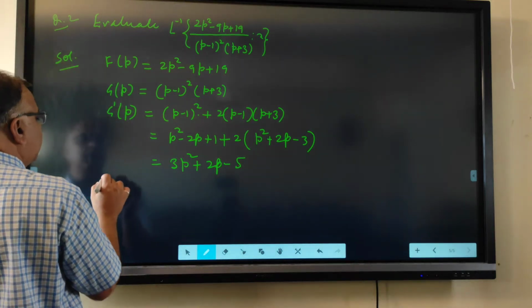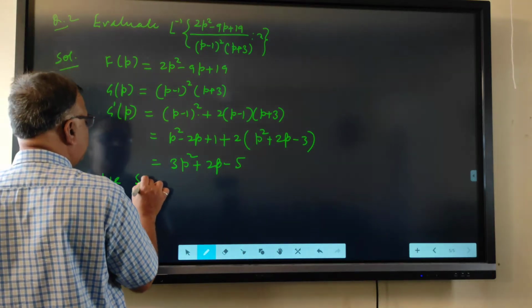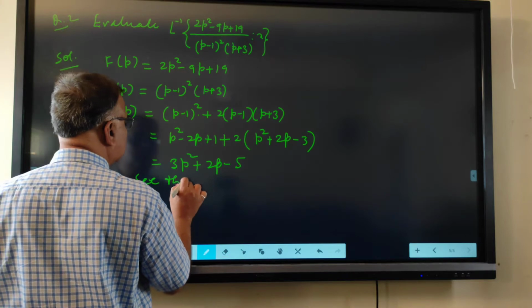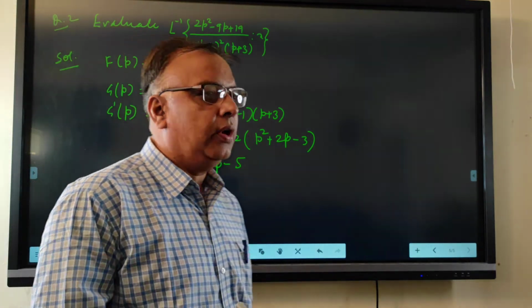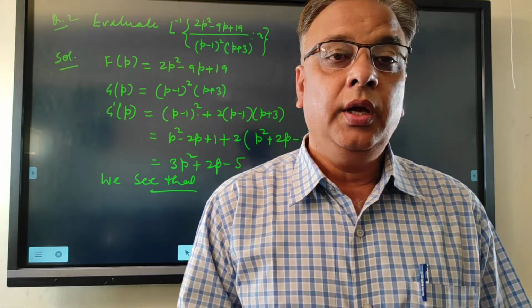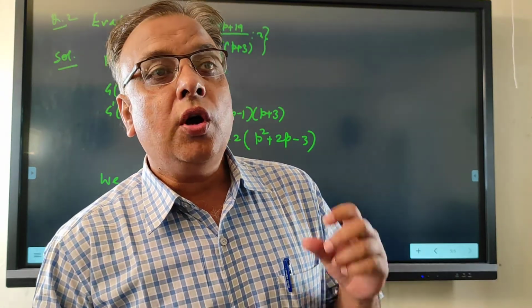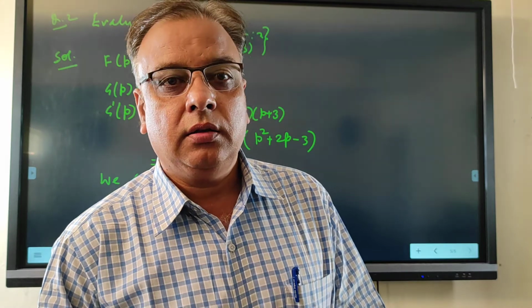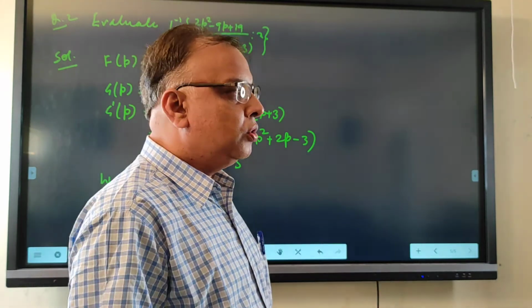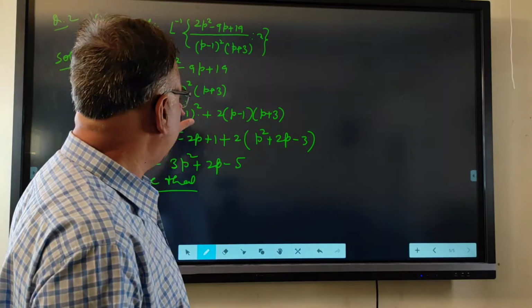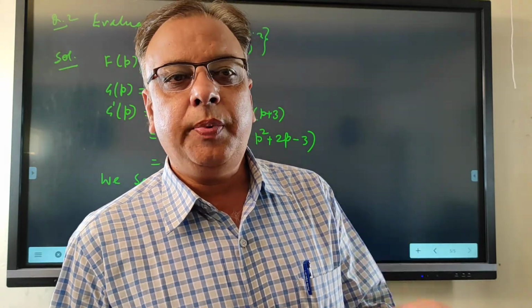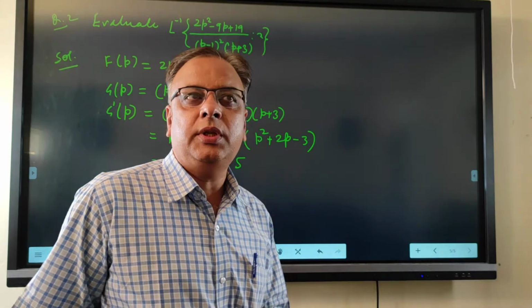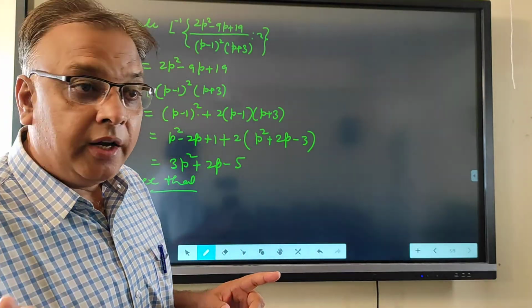Now here we see that G(p) is equal to (p minus 1) whole square into (p plus 3). The zeros of G(p): 2 roots are of repeated nature, and 1 root of G(p) is unrepeated.